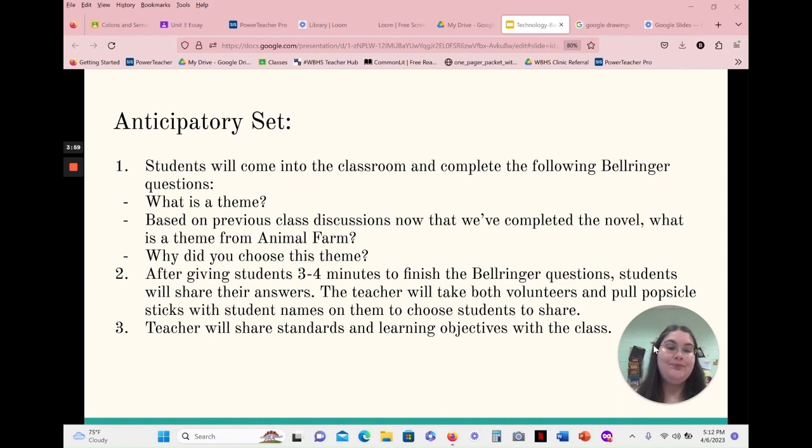Theme is a large idea that we can take away, a universal message. So we always begin when we talk about theme by reviewing what that is.